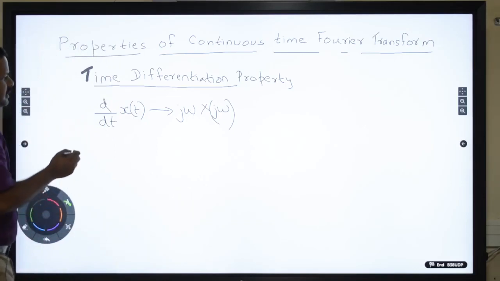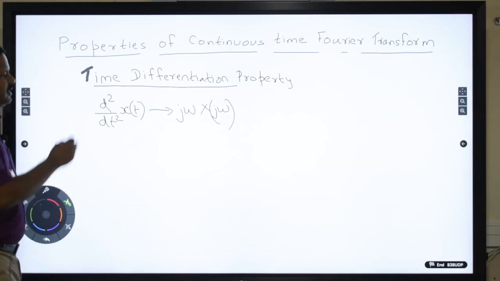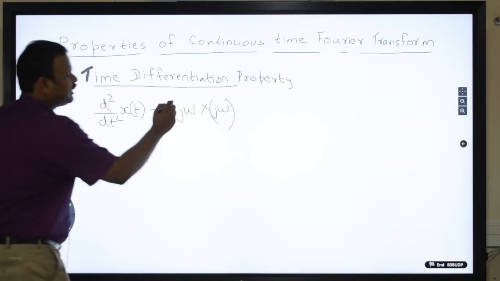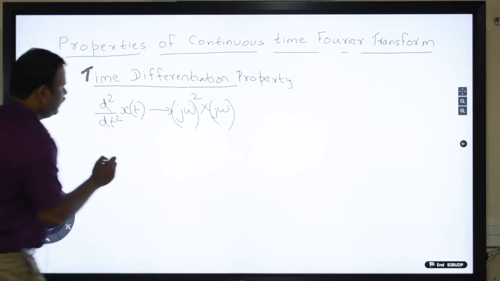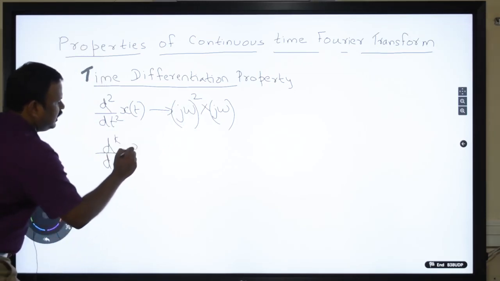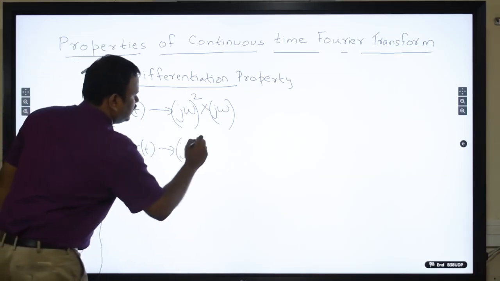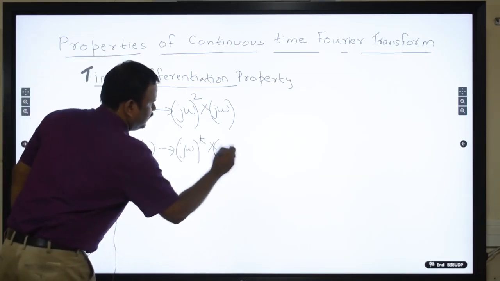This can be extended: if you take the second derivative, d square by dt square of x of t, then it becomes j omega squared. Extending, we have d^k by dt^k of x of t will appear as j omega to the power k X of j omega.